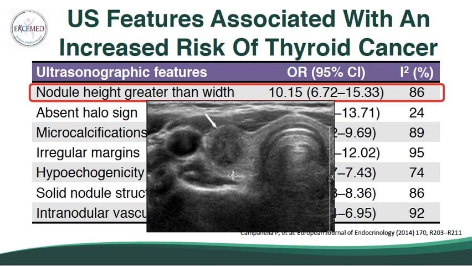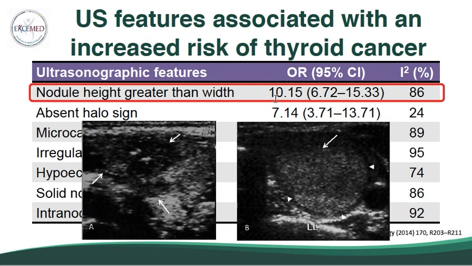If a patient has a taller than wide nodule, regardless of its echogenicity, whether it's hypoechoic, hyperechoic, or isoechoic, you have 10 times increased risk of thyroid cancer. Next is your absent halo sign. So this nodule is very ill defined.